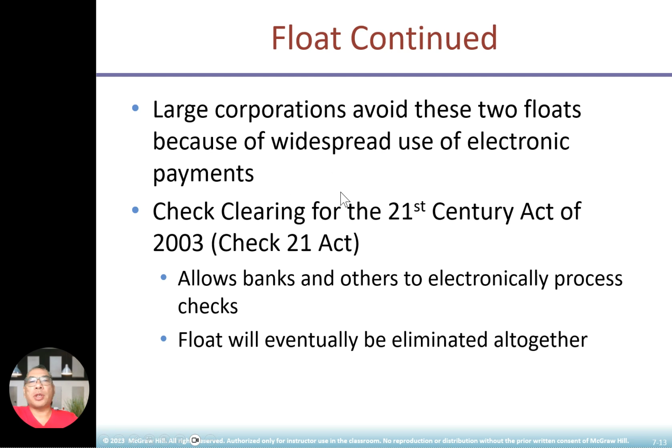Most people now use Interac Transfer, or Zelle in the US, but in Canada we use Interac. It depends where you are. The most common one now is EFT, Electronic Fund Transfer. Check clearing in the 21st century allows banks and others to process checks electronically. Float will eventually be eliminated altogether. That is what's going on in the industry now.